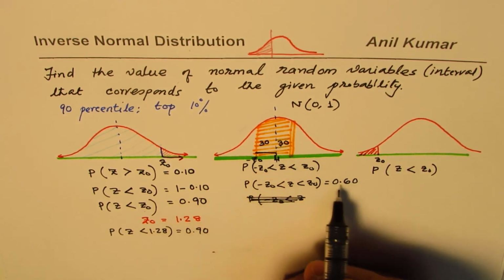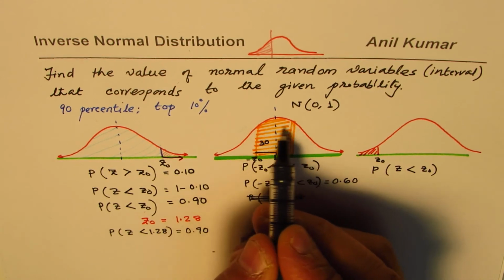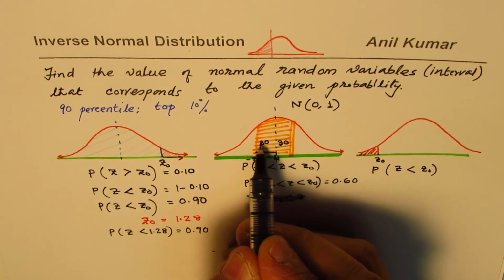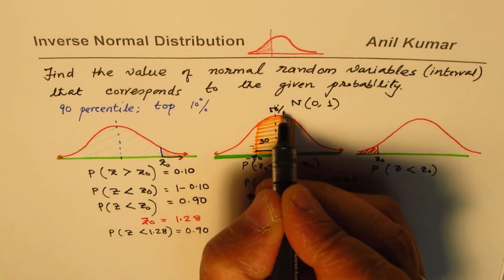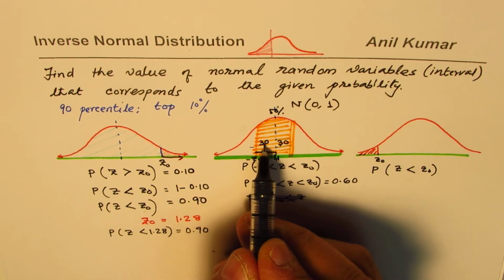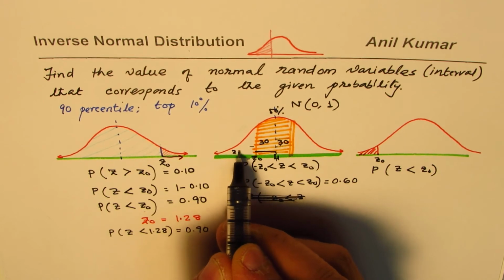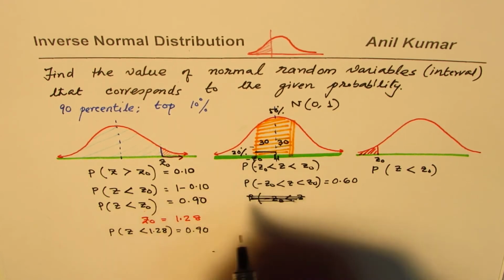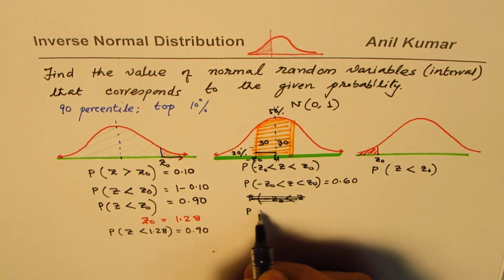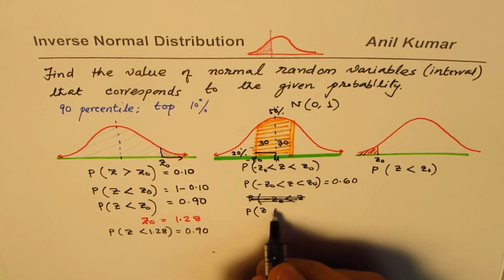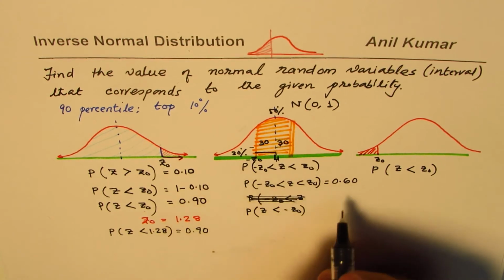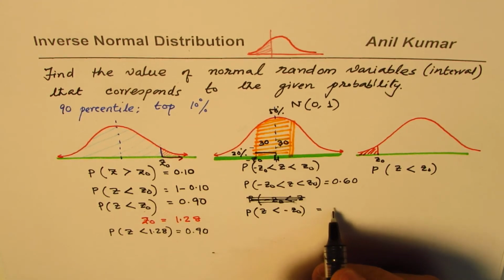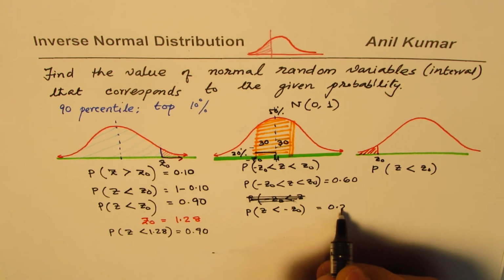So what we found is if 60% is total, 30 is this half, correct? So this is 50% here, correct? So 50 take away 30 is 20%. So this is 20%. Is it okay? So we could say that the probability for z to be less than minus z0, because this is a negative value, is actually 20% or 0.20.